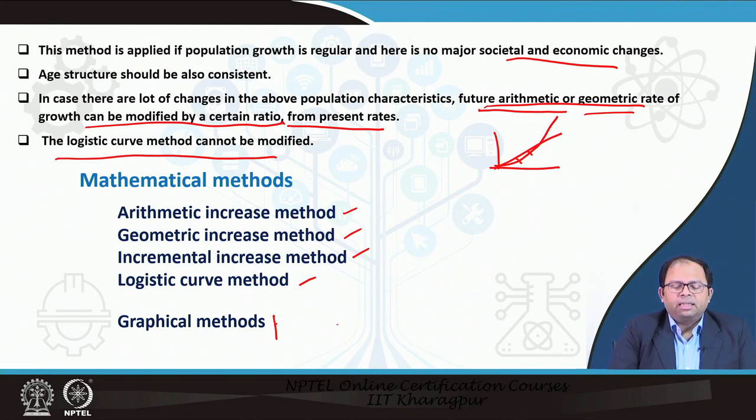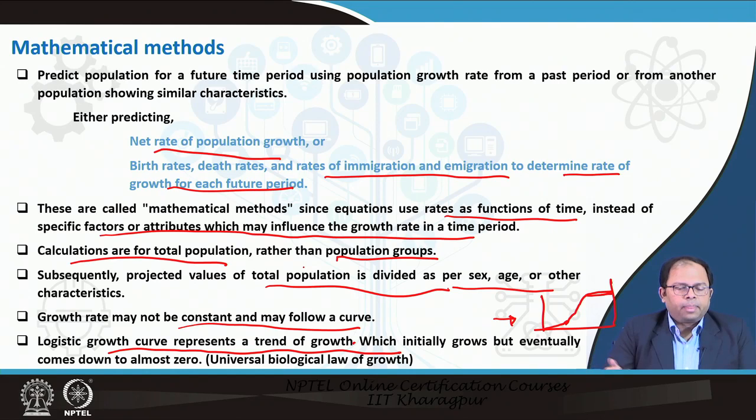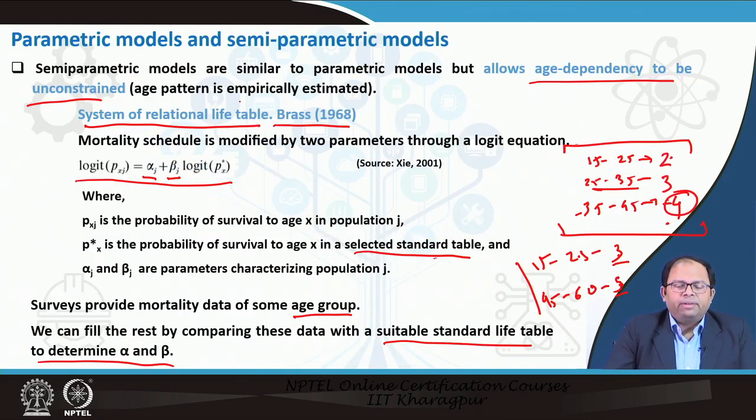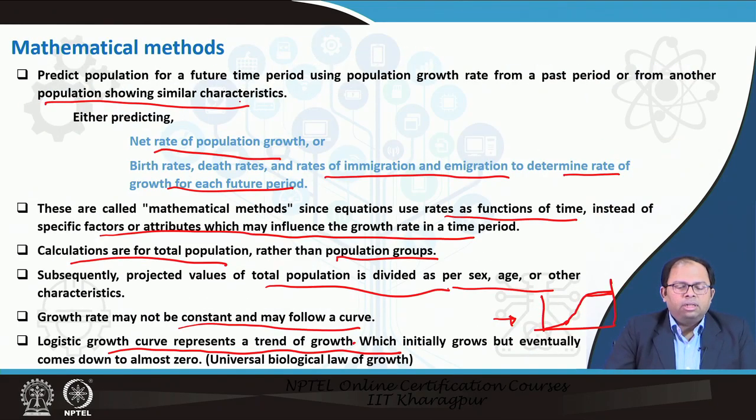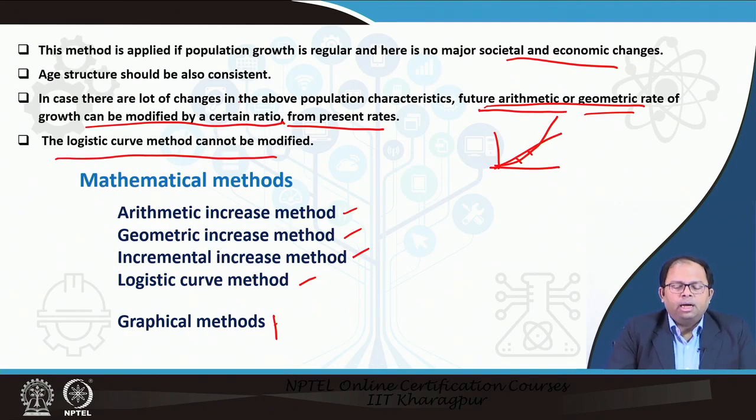We can say that it is similar to these methods, where we just extend the previous growth. And we can also take the population from other urban areas, and following that we can model that growth in a particular urban area.